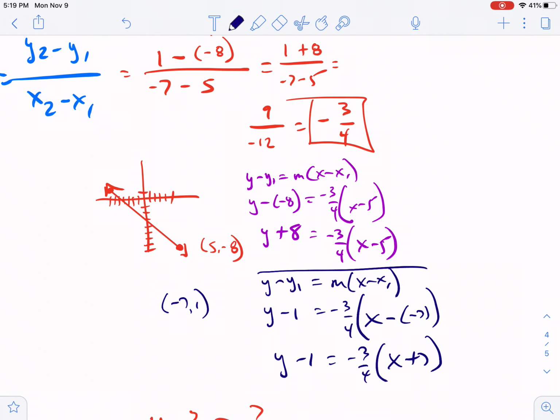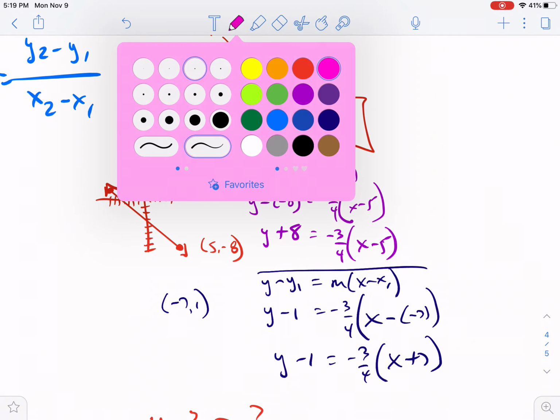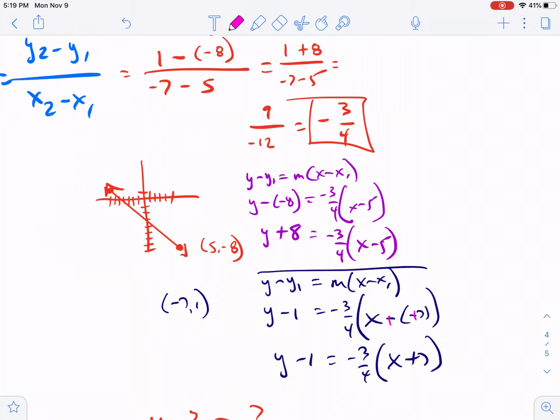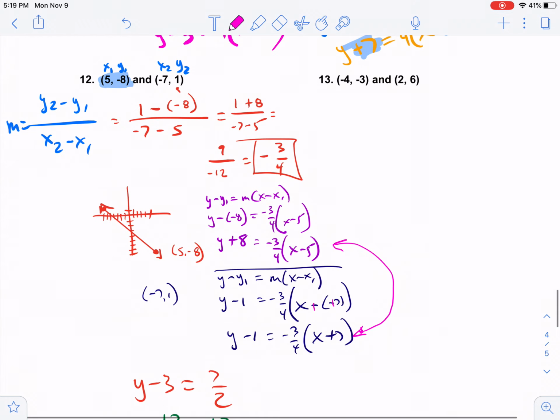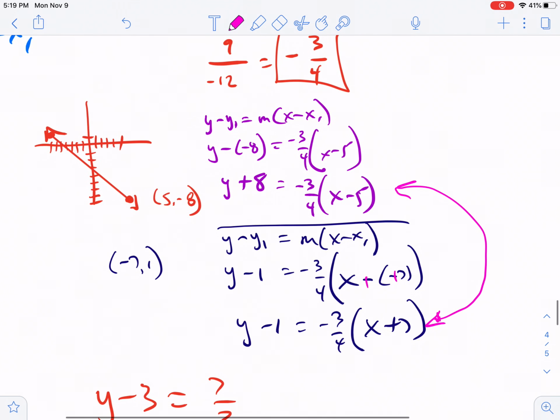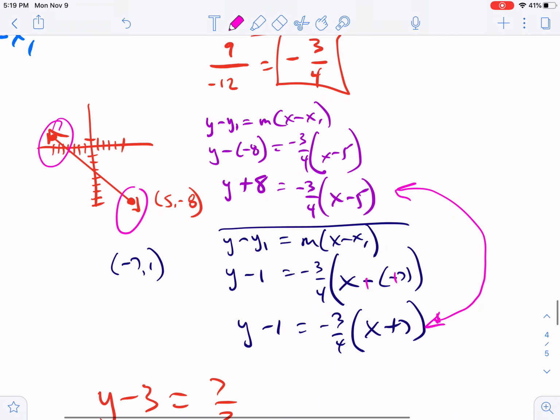That's what it turns out to be, right? Because when you subtract a negative number, you're actually adding it. And folks, this and this are going to give you the same exact line. I promise. That's it. And you can see right here, those are the 2 points, negative 7, 1.